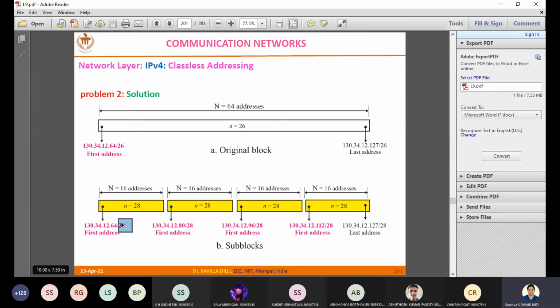So what will be the first address of this sub block? It will be 2 to the power 32 minus 28, which is 4, isn't it? So you make the last 4 bits 0, which gives you the first address, and you make the last 4 bits 1s, which will give you the last address of this particular block. Next, you start with the next address, and that's how it goes on. This is how you design the subblocks.